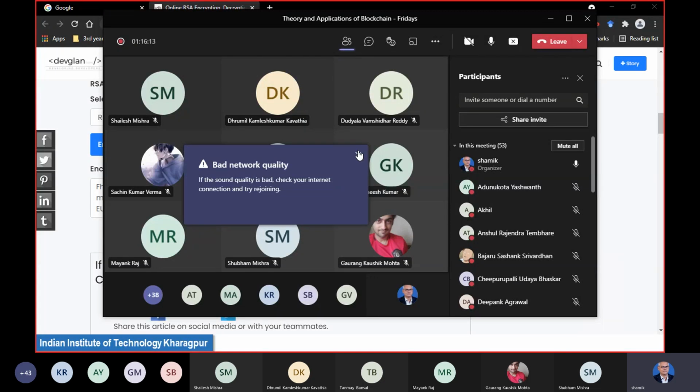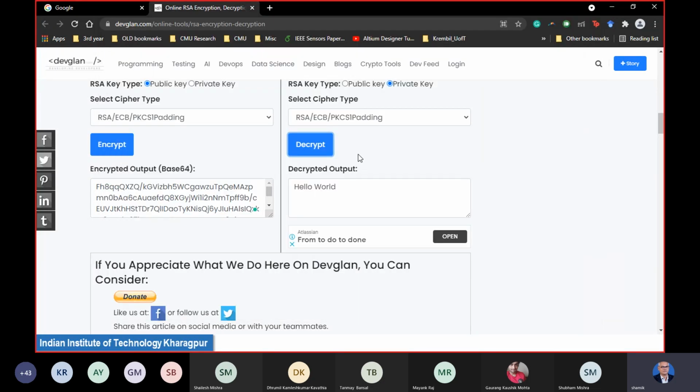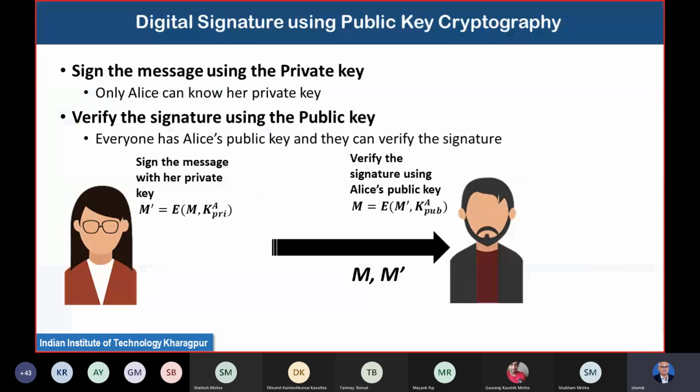So that could have been the argument, but the point is that whatever we say about encryption and decryption, if I apply that key, I'll always get back something, some string as output. Now I do not know whether that was what Alice had sent, or whether I am just getting some garbage.